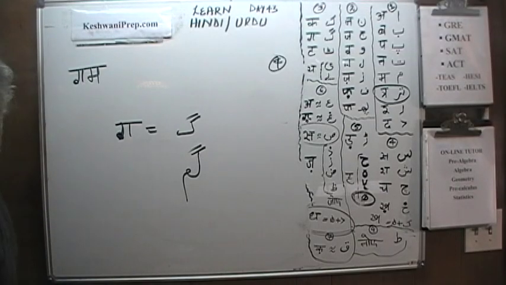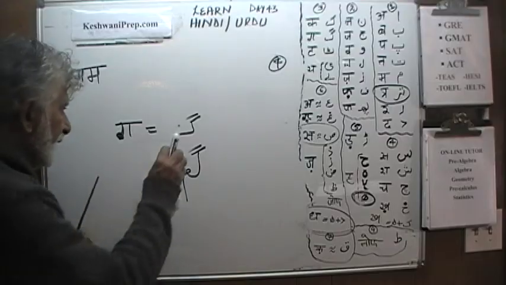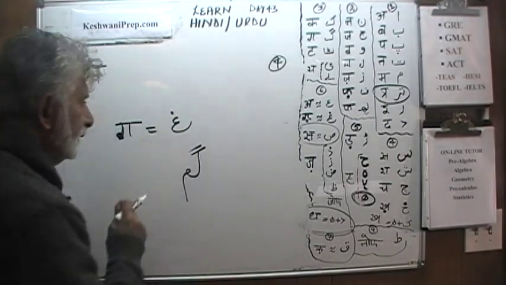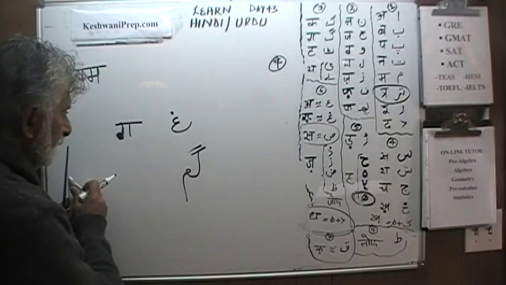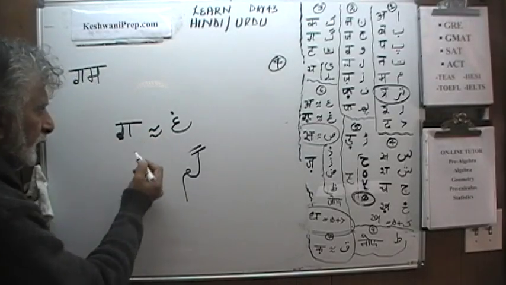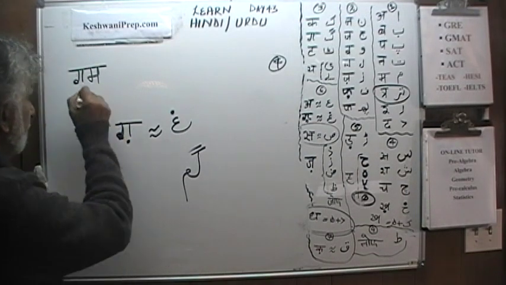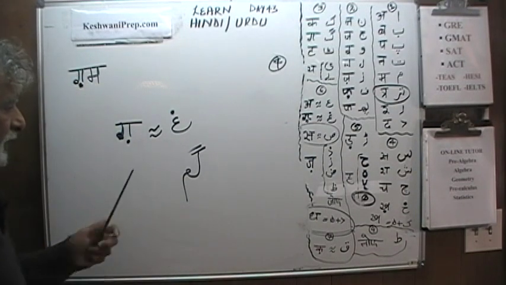What we're looking for is not a gaf. What we're looking for is ghain, which is not the exact equivalent of ga. It is an approximate equivalent of ga. To remind ourselves that we're looking for ghain, we put a dot underneath it, right here. That tells us we're not dealing with ga.